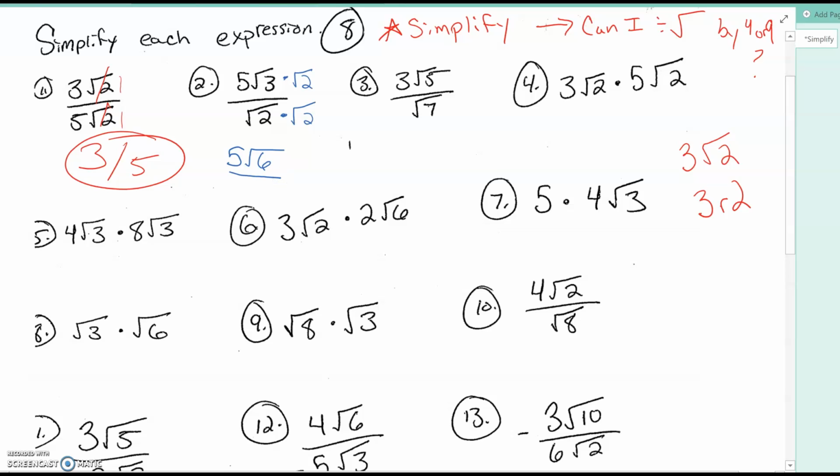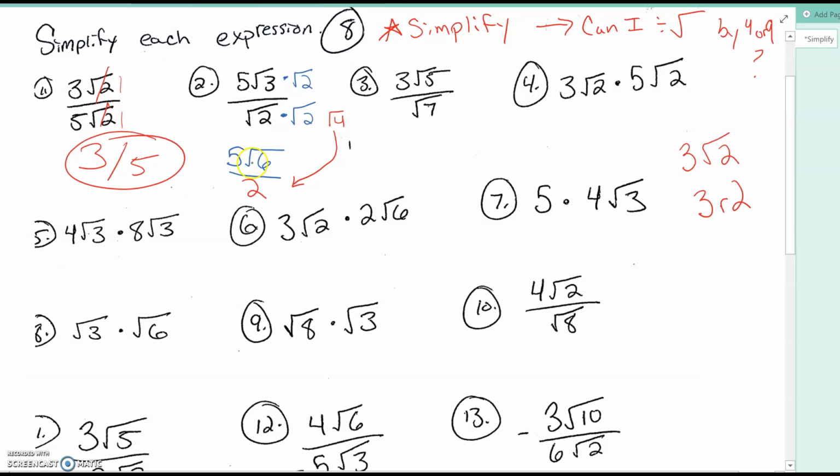Over, so this square root of 2 times square root of 2 turns into square root of 4, which is just 2. All right. I can't simplify on the outside. This 6 and the 2 are not like terms, quote unquote.